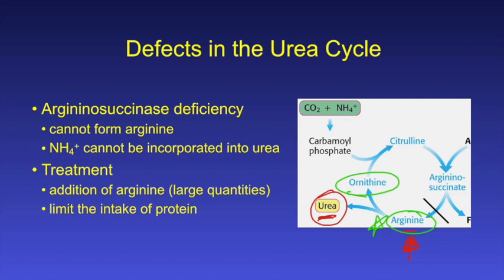Why would we use arginine rather than ornithine? Mechanistically, are they very different? No, not a lot. So it isn't a chemistry issue. What other issue could it be if it's not chemistry related?